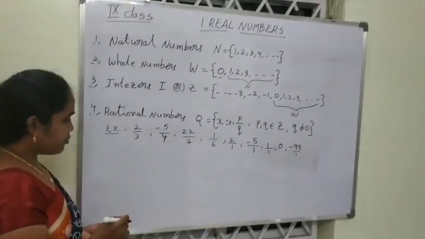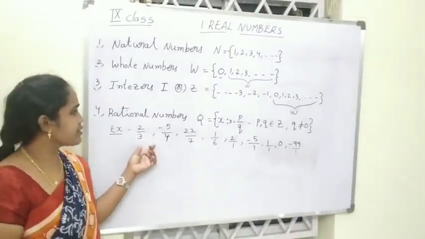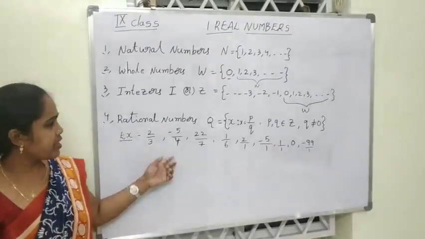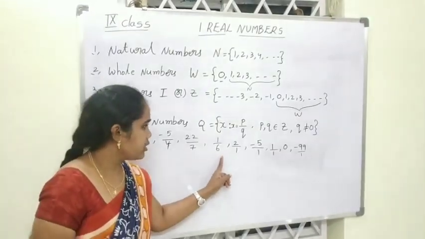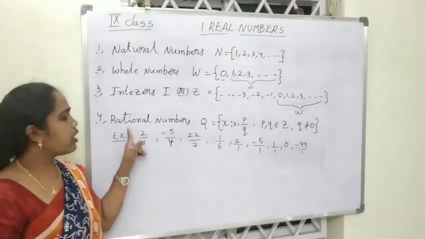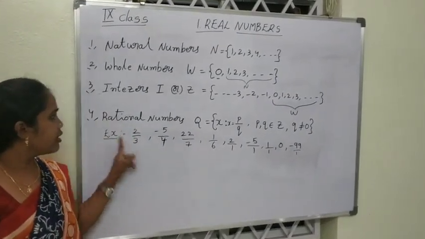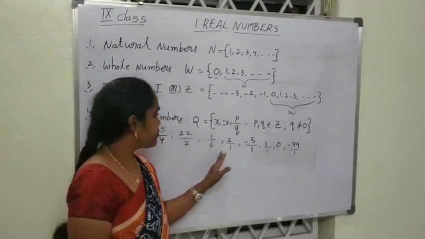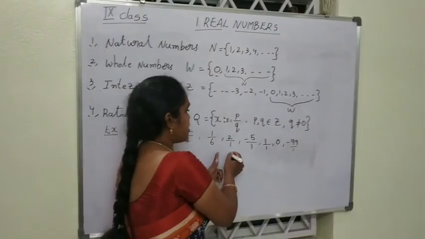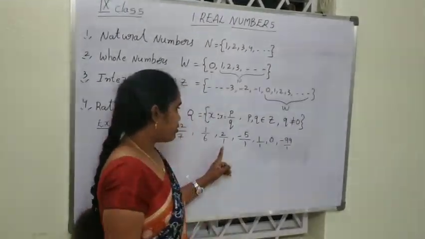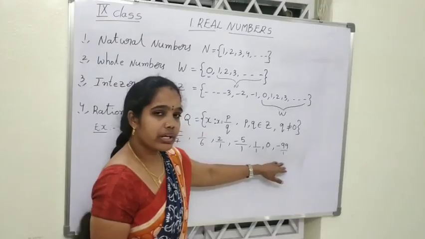Okay children, now from these examples, what did you observe? Some fractions I wrote, so all the fractions are rational numbers. Will you agree or not? Except fractions, here some numbers I wrote. What are those?